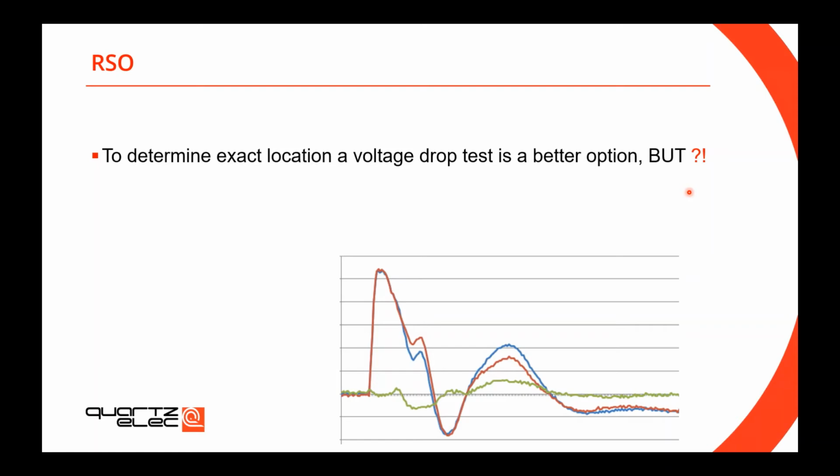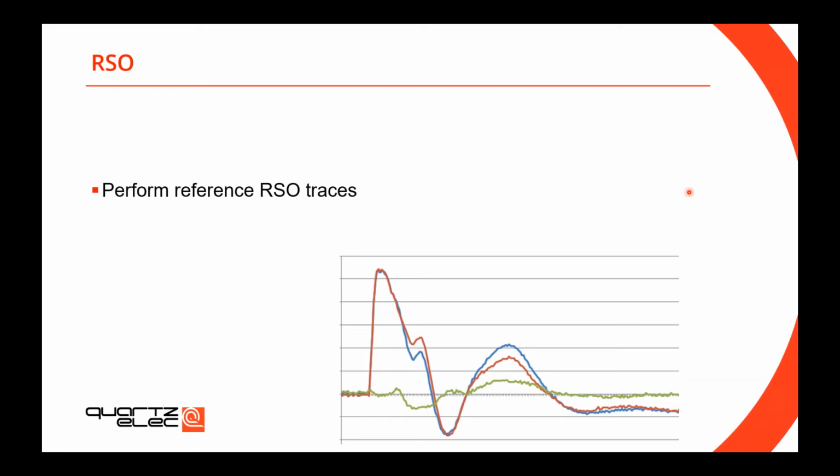To determine exact location, a drop voltage test is a much better option, which will help you pinpoint the exact location. But you can also perform something we call reference traces. Every time we have a rotor in our factory and we remove the retaining rings, we will introduce interturn faults artificially, take the reading and save the screen of the oscilloscope.